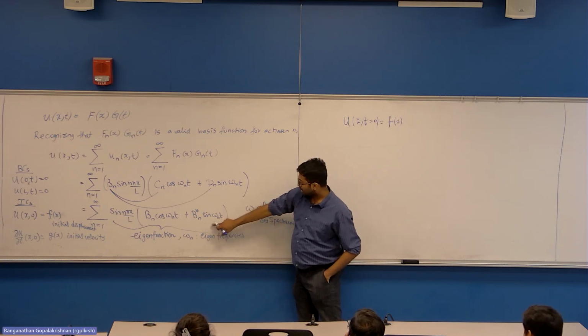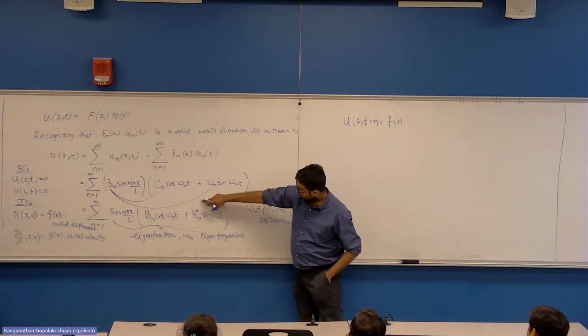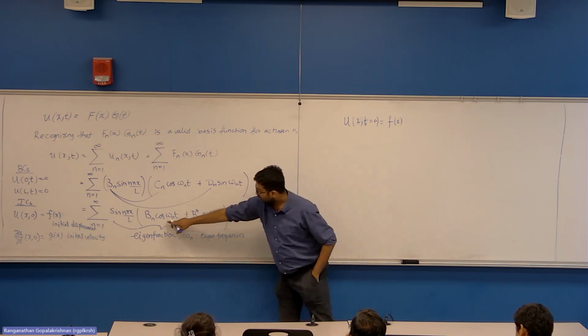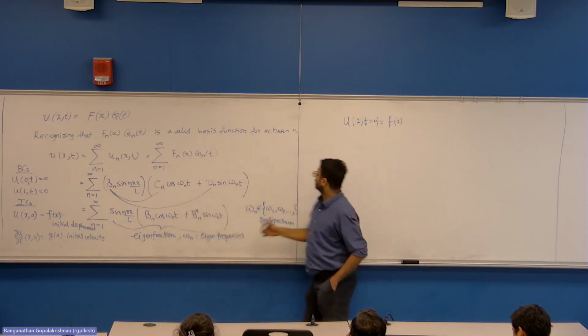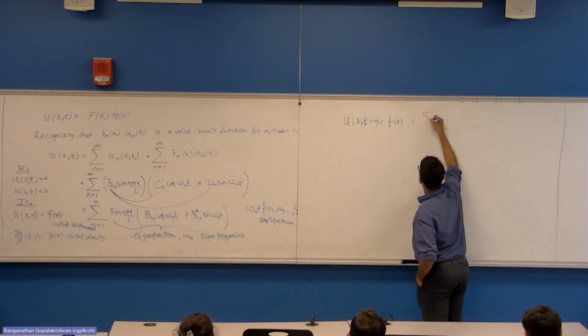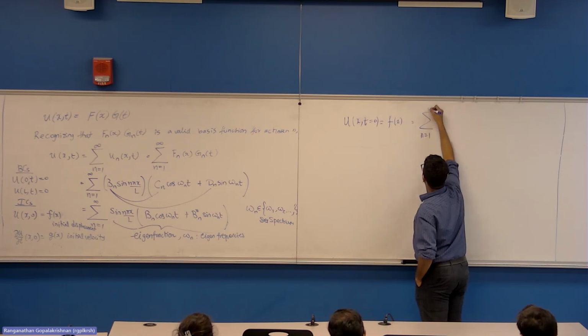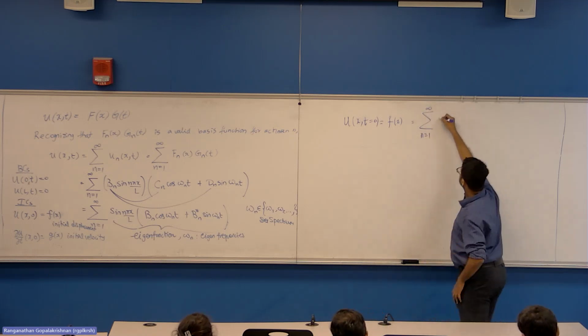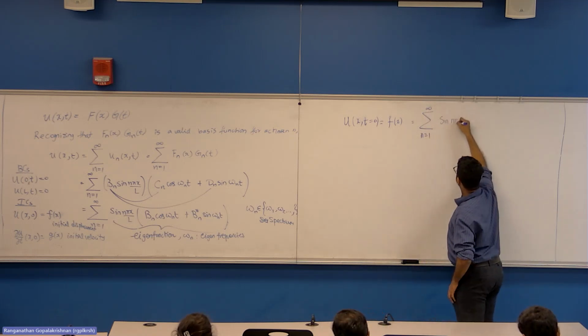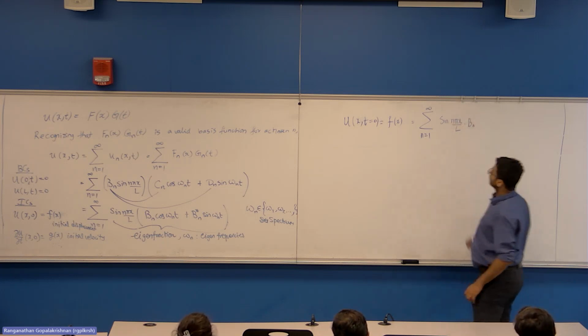So when you substitute time equal to 0, this sine term goes away. You are left with cos 0, which is just 1. So this is nothing but the infinite series, n equals 1 to infinity, sine n pi x over L times Bn.